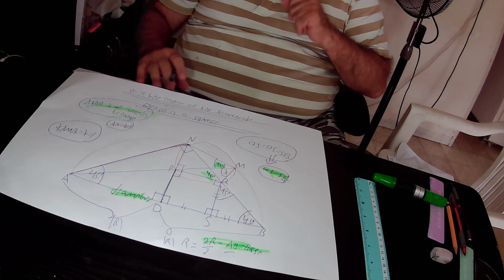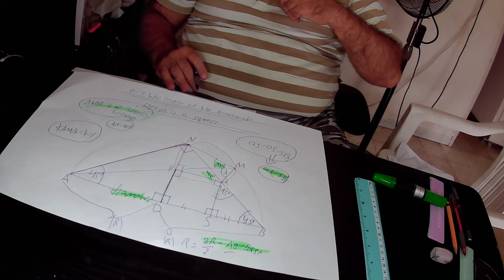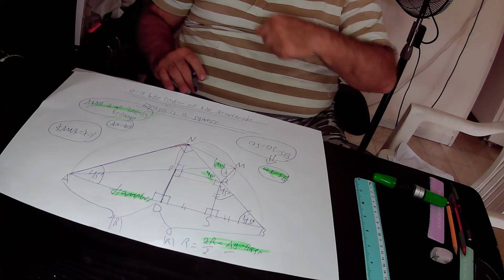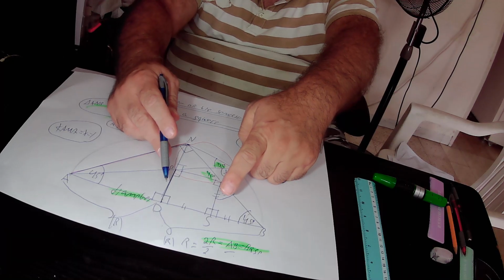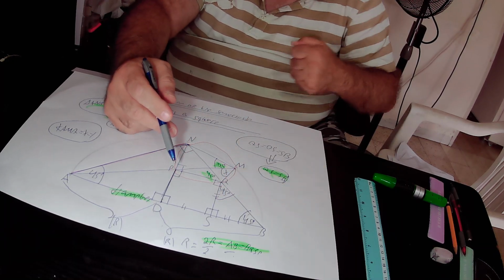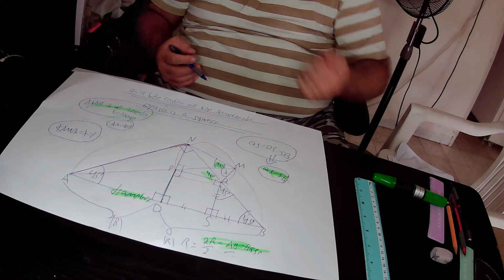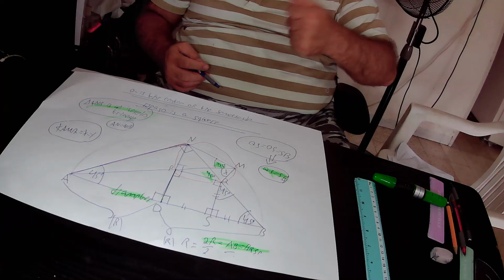So first of all, we know that all the angles inside the square are right angles. So those four angles in square PQSO, they are all right angles. AB is the diameter of this semicircle. AB is the diameter. It is absolutely a straight line.